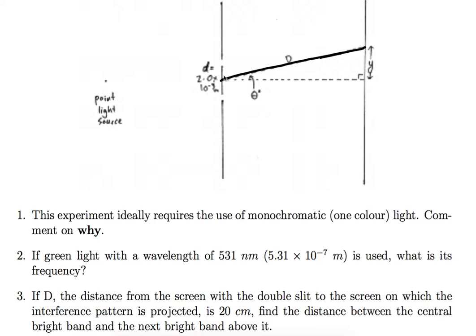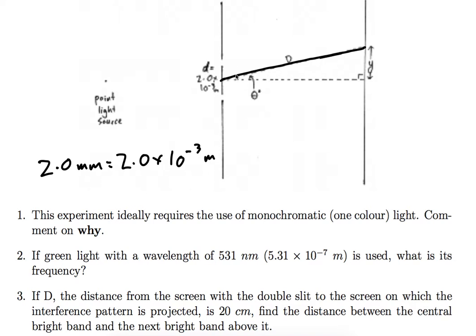We've got the distance little d between the slits, which might be a little bit difficult to see: 2.0 by 10 to the minus 3 meters, so 2 millimeters, is the distance between the slits.